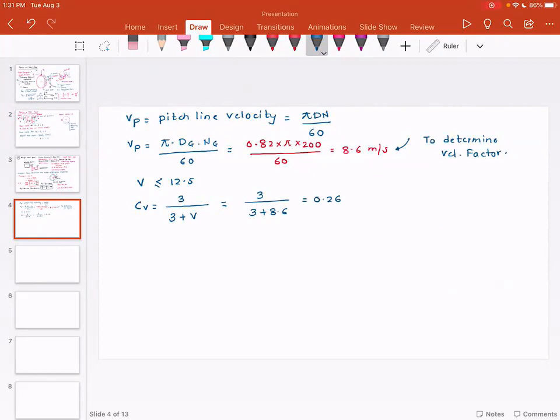Now, I'm going to assume, since the pinion and the gear are made up of the same material, the pinion is weaker.